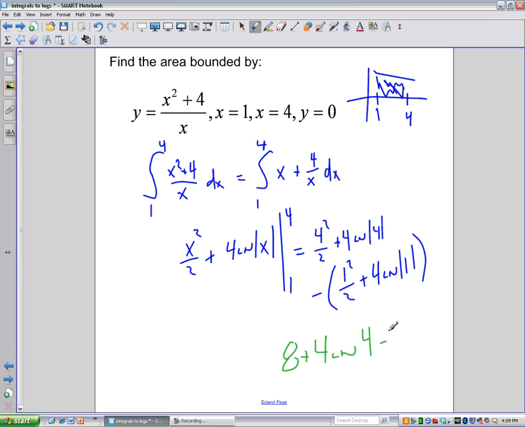We're going to subtract that half. The natural log of 1 is 0. 4 times 0 is still 0. And so I end up with 8 minus a half, so 15 over 2 plus 4 natural log 4. That's a delightful answer. We can leave it like that. If we really needed a decimal, we could get that decimal, but perhaps we don't have our calculator handy.